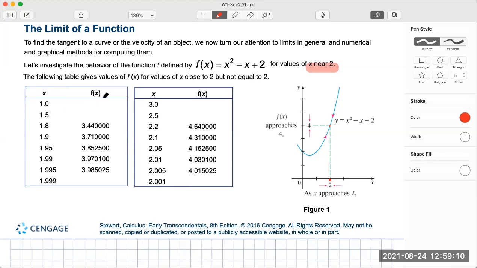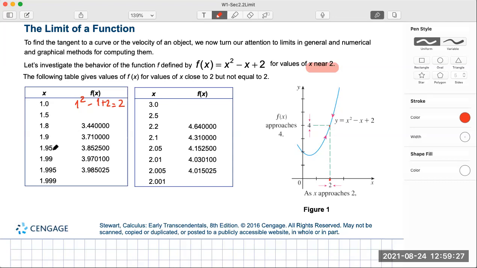So what is the value of the function f of x when x is equal to 1? Wow, so fast. 1 squared minus 1 plus 2. Yes, it is 2. Good job.